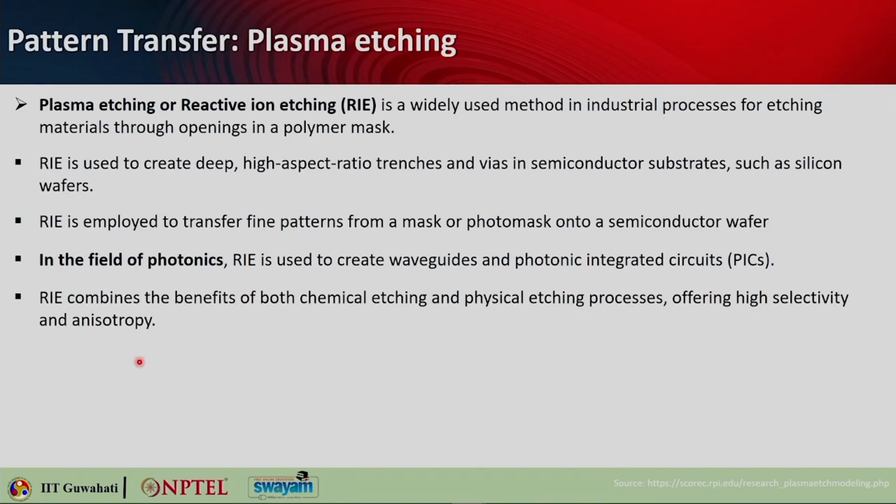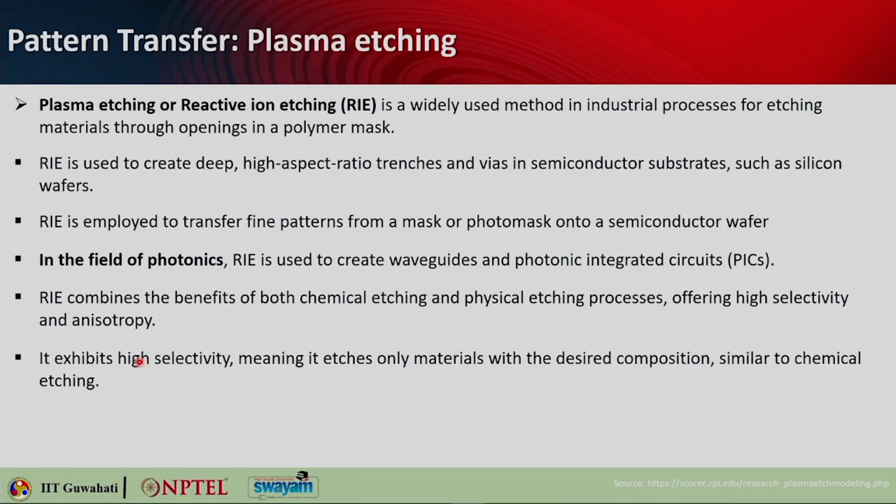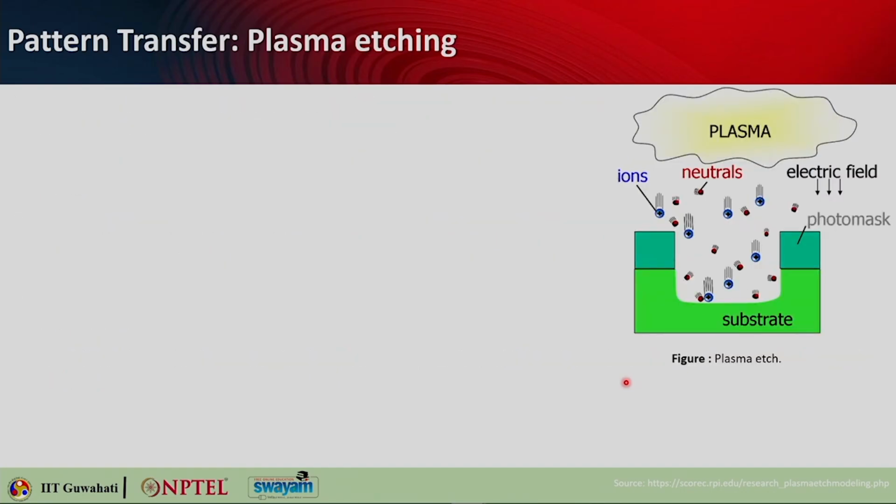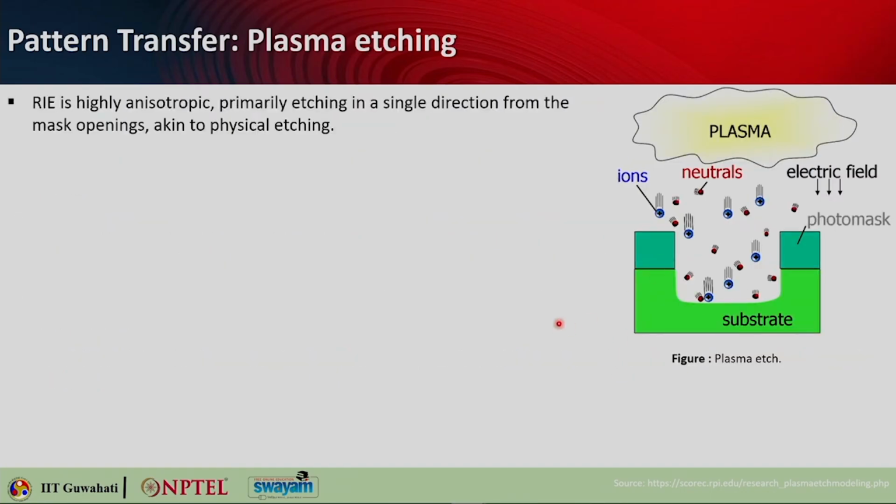So, this method combines the benefits of both chemical etching and physical etching processes, and it offers high selectivity as well as anisotropy. And this high selectivity means it etches only materials with the desired composition, just like chemical etching. Okay. So, let us look into this process here.